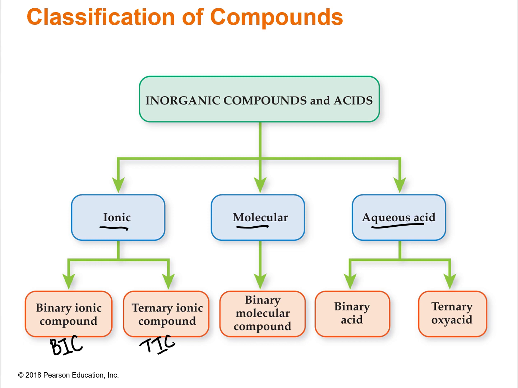We have 1 type of molecular compound that we're going to cover, and that's the binary molecular compounds, BMC. The 3rd major category is aqueous acids. Binary acids, BA. Ternary oxyacids, TOA. So I'll give you a minute so you can get this down in your notes.